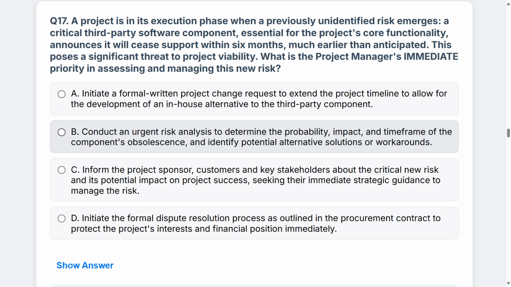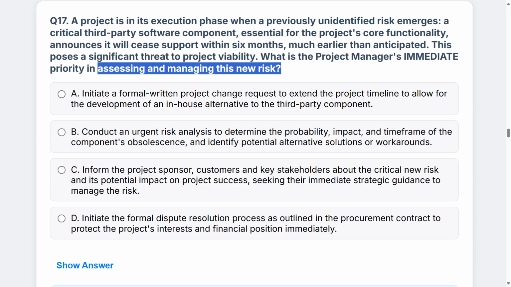And then it says identify potential alternative solutions or workarounds. Then that's not a bad thing to do. You should look at all your potential solutions instead of just jumping out at one like the other option here was stating about dispute resolution. So I'm going to hold on to B. It's not a bad idea. It does seem like some stuff has been done, but not as detailed in terms of what they're asking. They're asking assessing and managing the new risk.